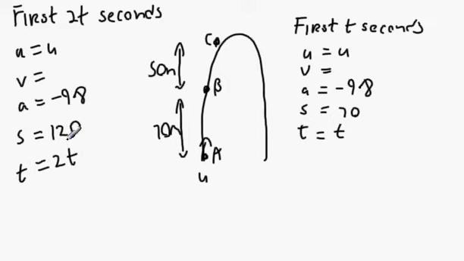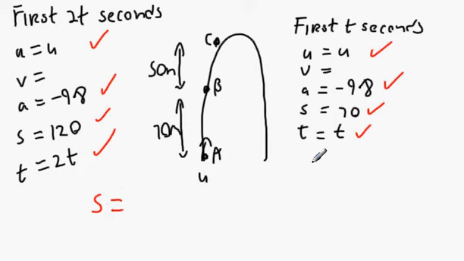The whole point of this question is it wants us to find out what u is, isn't it? So if you look at our information set, what formula should we use? I'll go for s equals ut plus a half at squared, because you have t, you have s, you have a, and you have u.